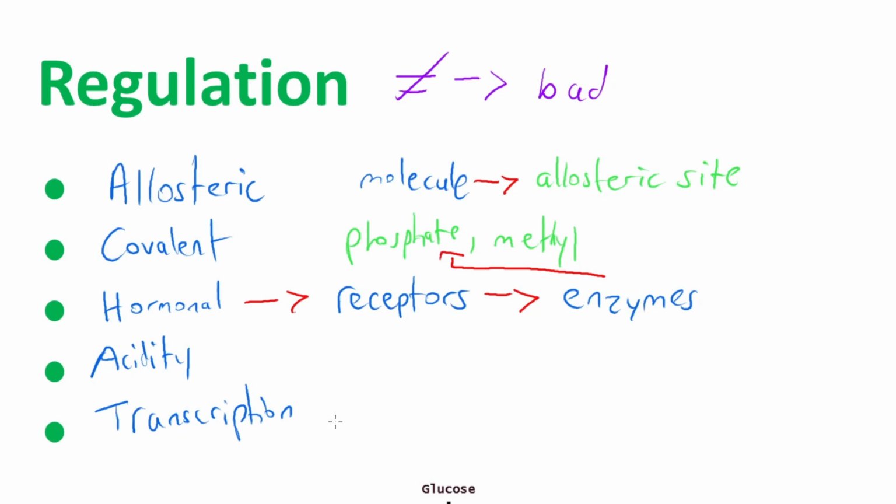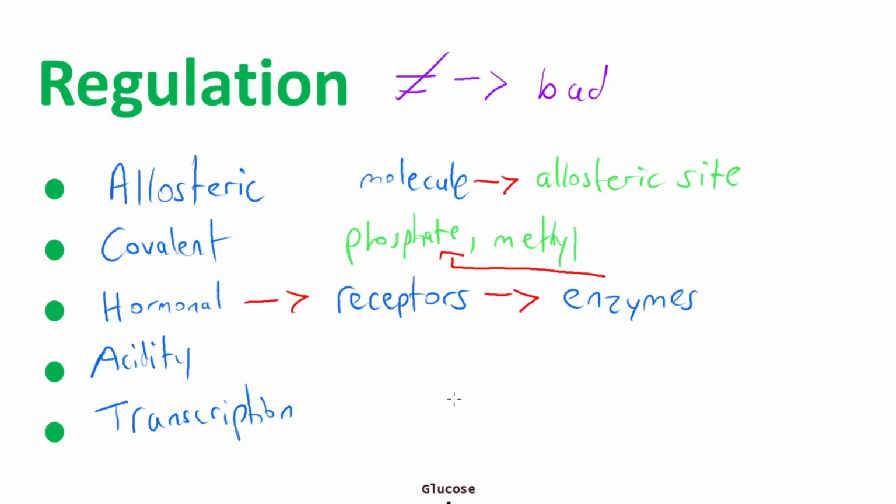On the DNA, you can have regulatory signals, such that the more transcription you have of a segment of DNA, the more of the transcript you have, and the more enzymes you produce. So if you want to downregulate activity, you block transcription and you reduce the amount of enzymes, and therefore you reduce activity. And this can be a form of regulation.